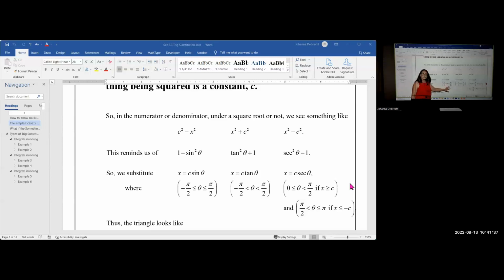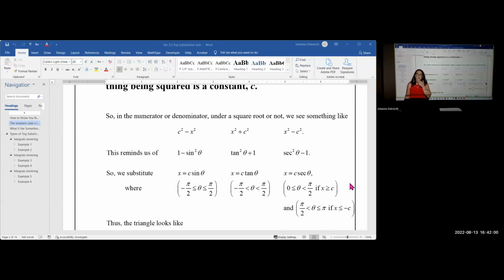They also had to make some decisions about the angle theta because they're using inverse trig. So remember that inverse trig only uses 2 quadrants at a time to define it. Since we're using sine here, they use the same range for theta that we use in inverse trig. So this is going to be between negative pi over 2 and pi over 2.